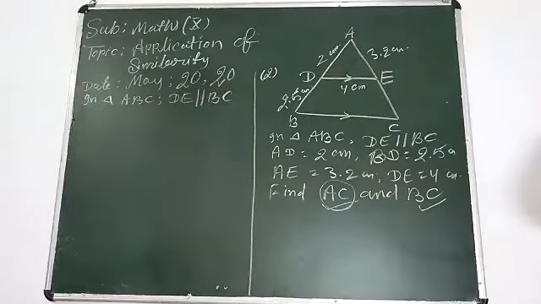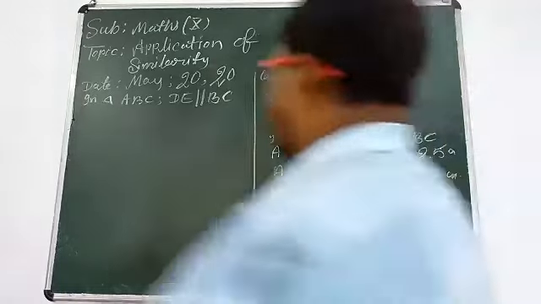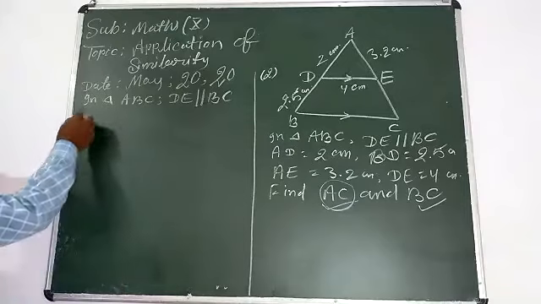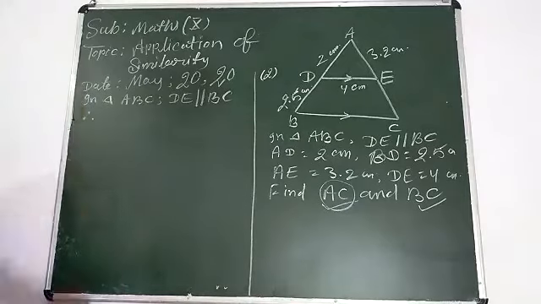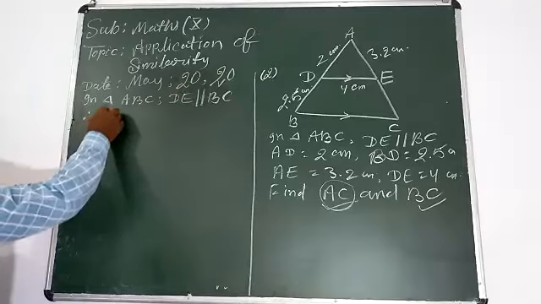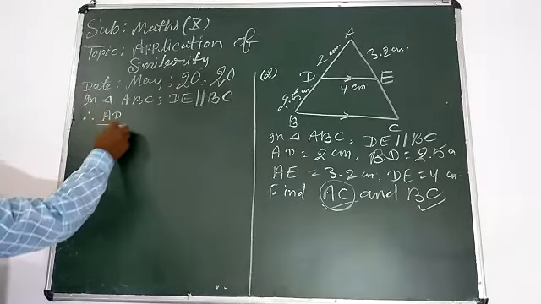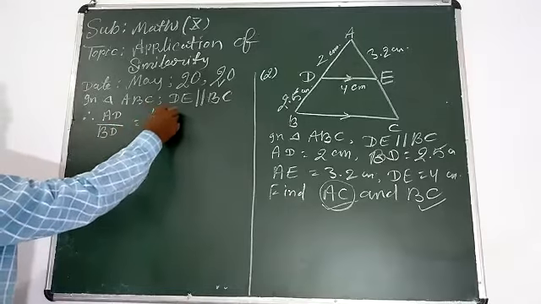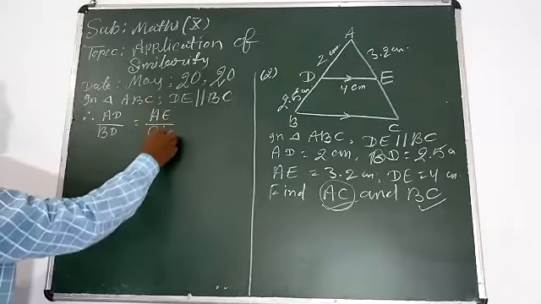So we should go to BPT: AD upon BD equal to AE upon CE.